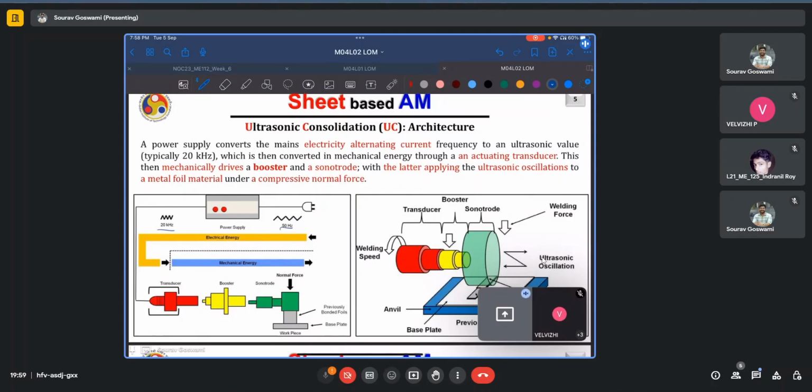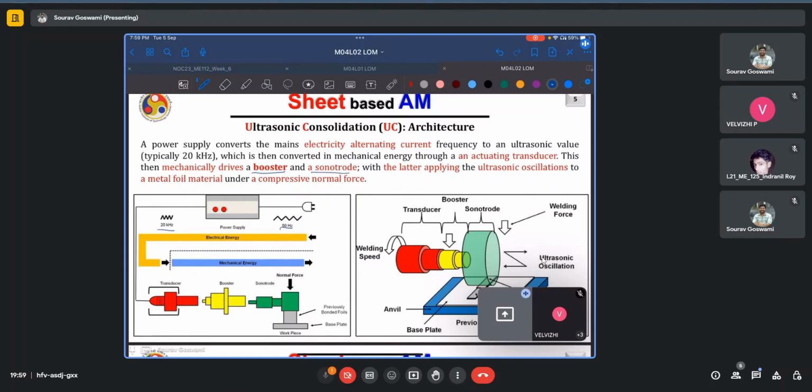And then this electrical energy is converted to mechanical energy through the use of a transducer. A transducer, as you know, is a device that converts electrical to mechanical energy. And the actuator then mechanically drives a booster, which further boosts the amplitude of these mechanical oscillations. And finally, that boosted amplitude is supplied to a sonotrode.